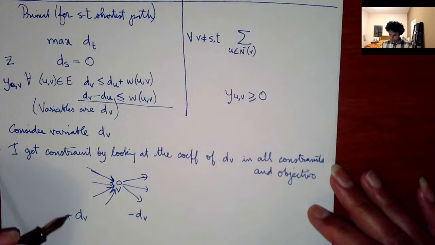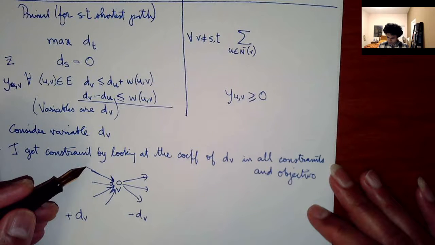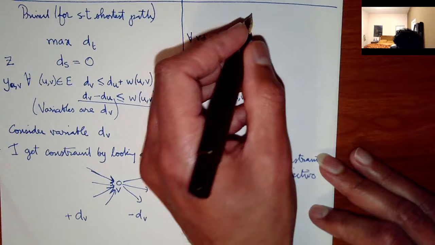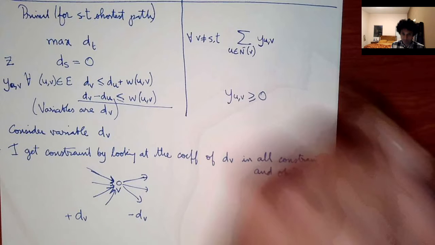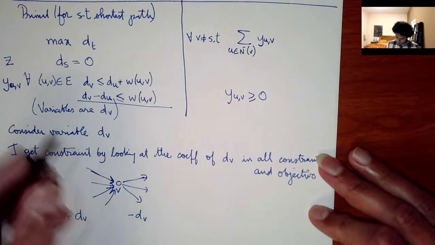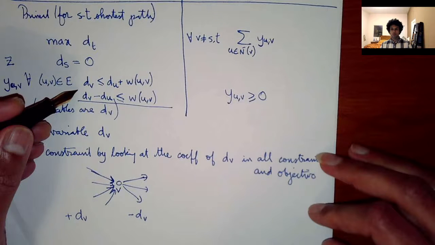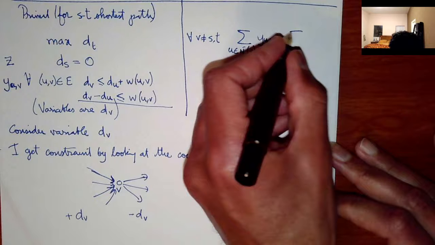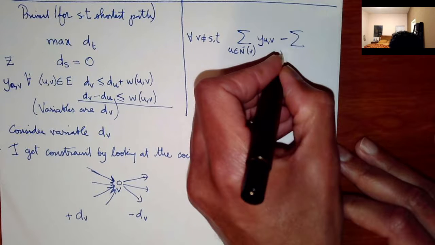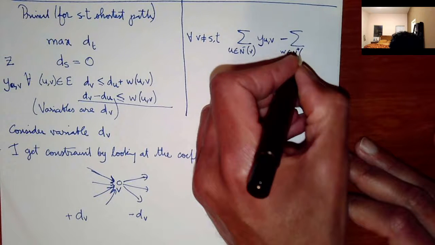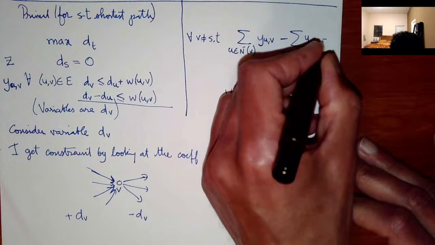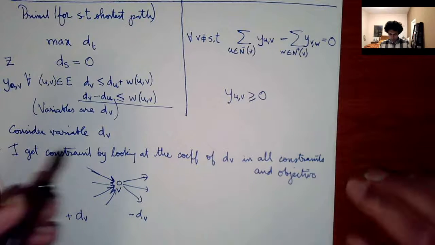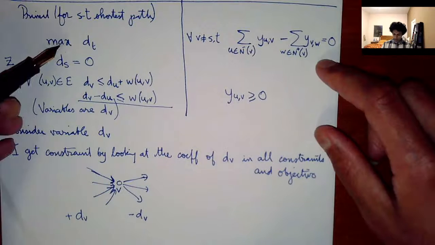It's like I'm multiplying each of those constraints by y_uv. I get the sum of y_uv with a positive coefficient, minus the summation over w in the out neighborhood of v of y_vw. And this is going to be equal to 0, because remember, we said this is going to be equal to whatever coefficient you get.